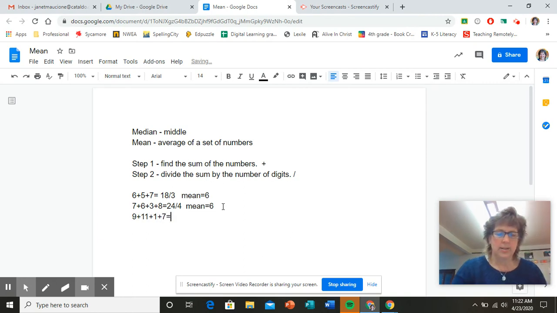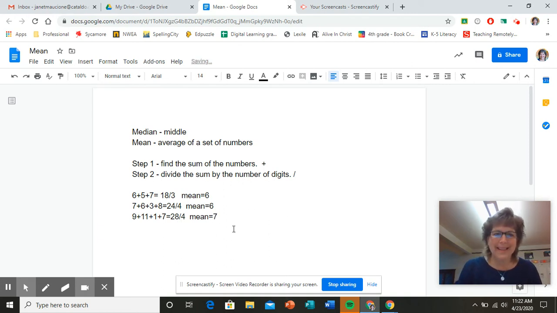All right, so 9 plus 11 is 20. 20 plus 8 is 28, because this is 20 here and this is 8 here, so I'm going to add those two together. So I have 28. How many digits do I have? 1, 2, 3, 4. So I'm going to divide that by 4. So my mean is what? 28 divided by 4 is 7.